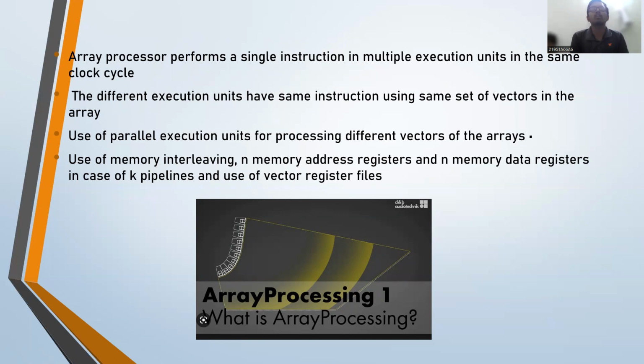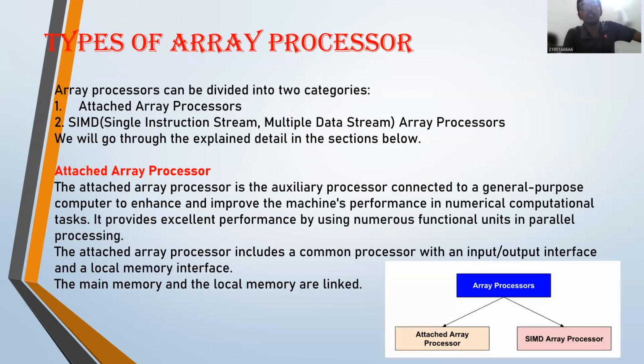It uses parallel execution units for processing different vectors of the array. It also uses memory interleaving, n memory address registers and n memory data registers in case of K pipelines, and use of vector register files.